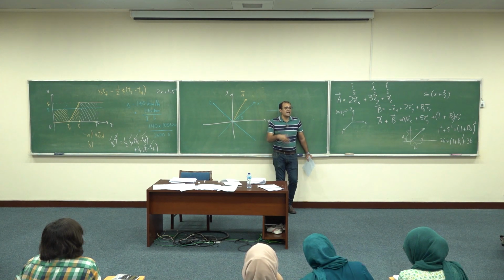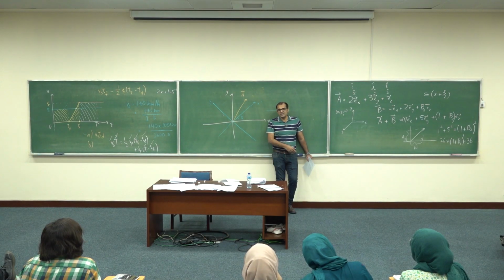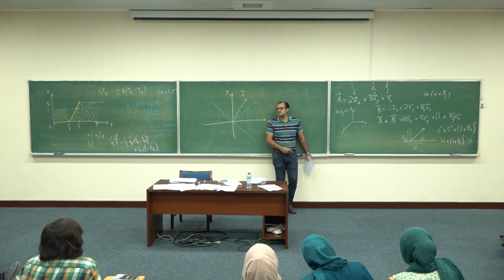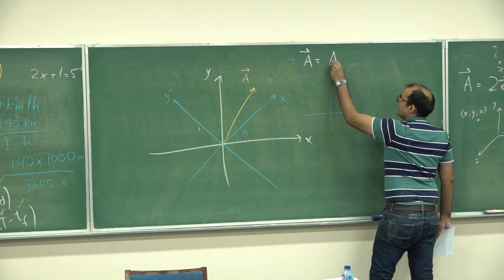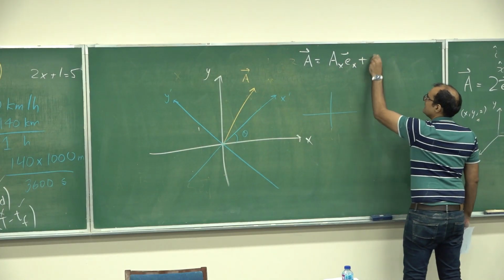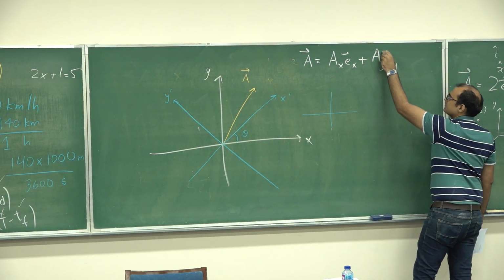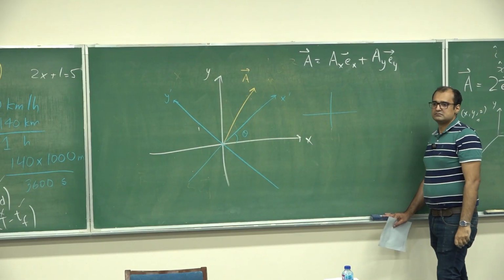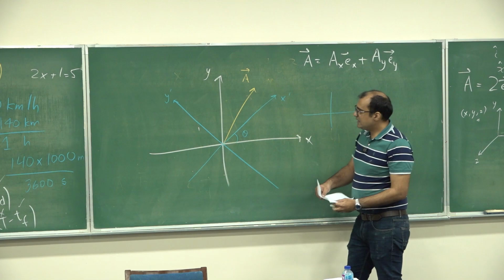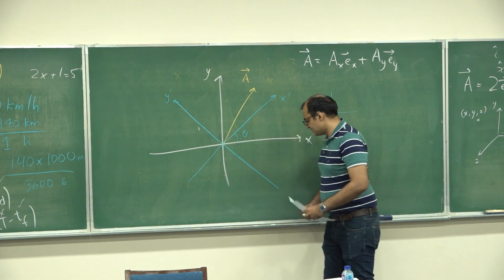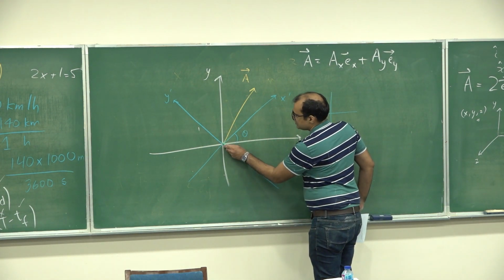But the numbers that go into describing this arrow in terms of unit vectors depend on your choice of unit vectors. Of course, if you use different unit vectors, you'll get different numbers that describe the original vector. So in other words, I can write down the vector A is equal to ax ex plus ay ey, exactly what you did in the previous question, except that now you're doing it symbolically. And you can write down the same vector in terms of ex prime and ey prime. Let me just draw it.